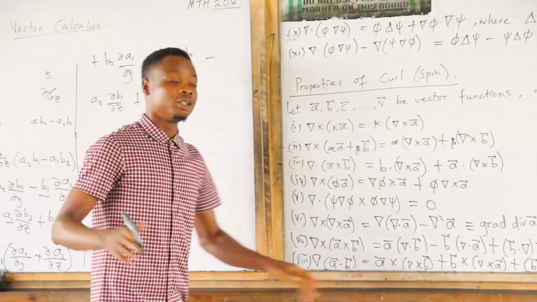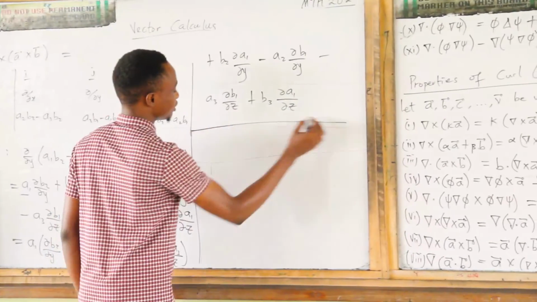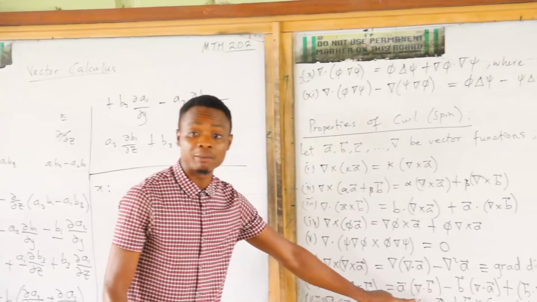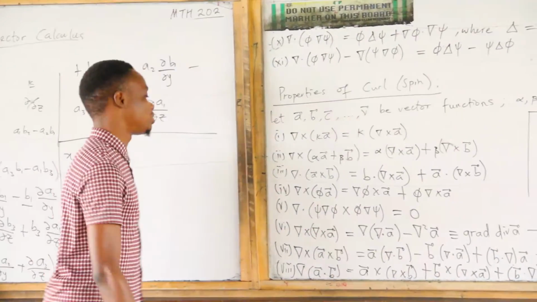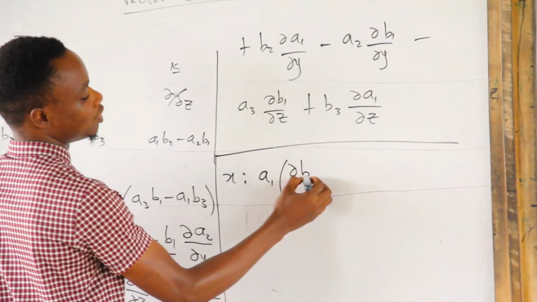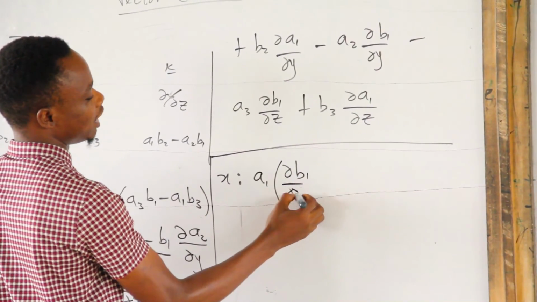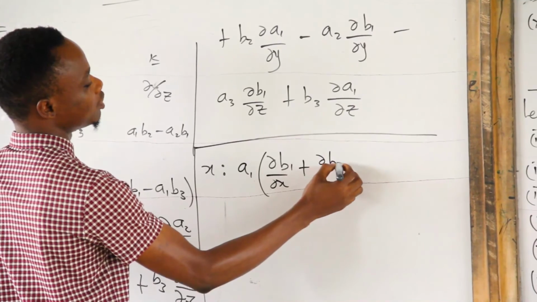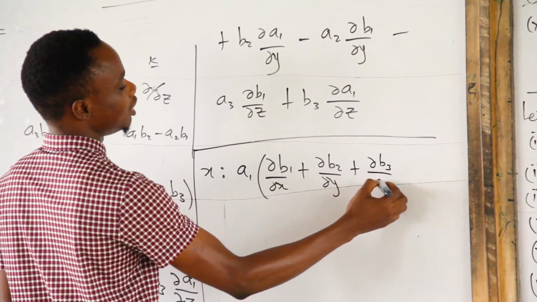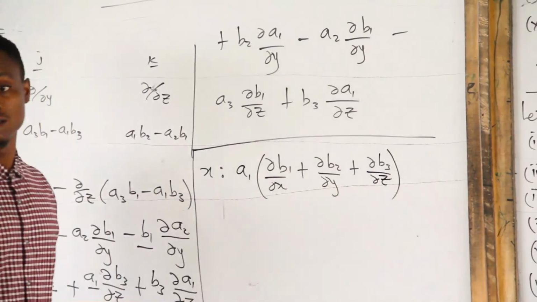Is it very clear? So if you are dealing with the other side, the X component from the other side is going to be multiplied by A1, Abi. So that is going to be A1 multiplied by del B1 del X plus del B2 del Y plus del B3 del Z. You understand that? Okay.